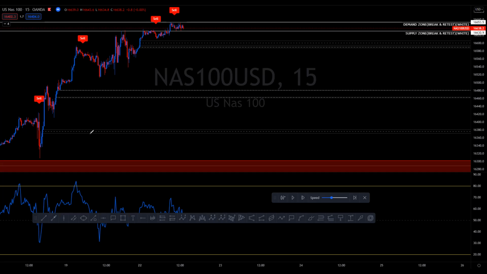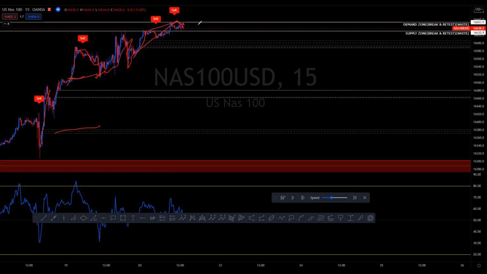So as you can see, this created an imbalance here, an imbalance here and here. And that's the reason why price came back and mitigated 50% of this area and then bought up, mitigated this area and then bought it up. But this move created an imbalance as well.